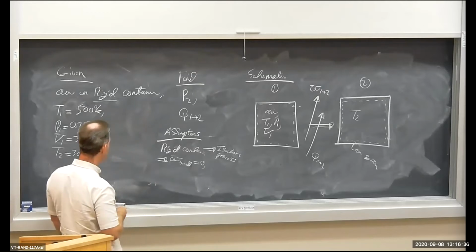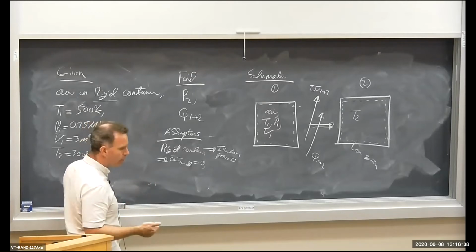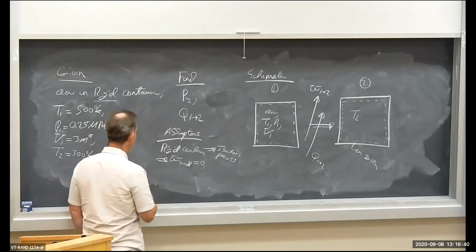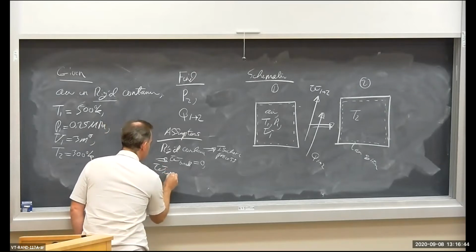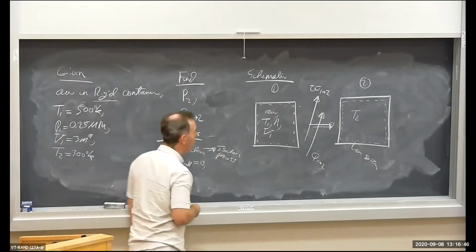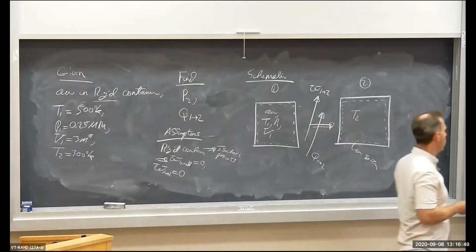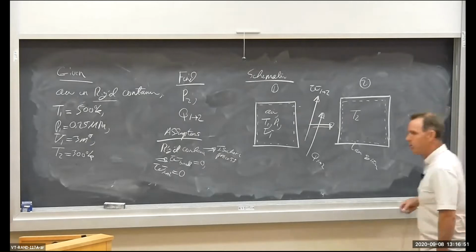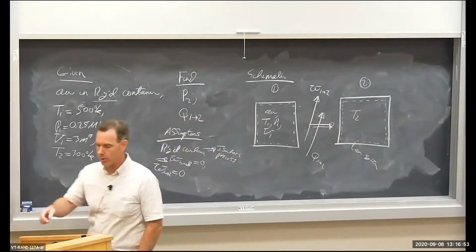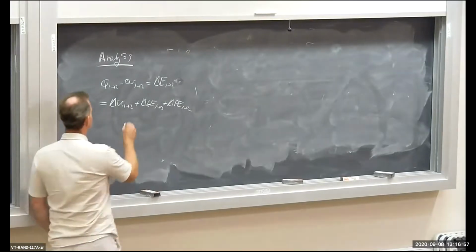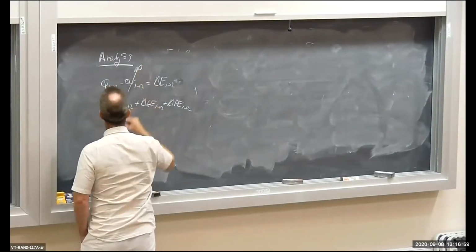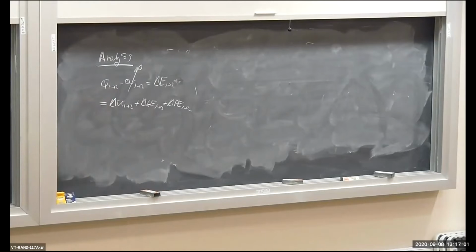Rigid container, isochoric process, no boundary work, no shaft work, no electric work. So I'm just going to write here W1 to 2 equals 0. No work. Okay, so let's go to our energy balance and we'll cancel that term out.